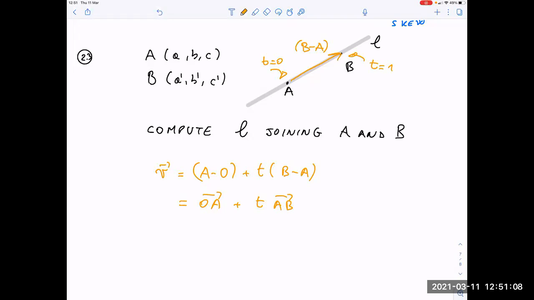So this is one way of writing this down, which in vector notation comes to be something like this: (a, b, c) plus t times (a prime minus a, b prime minus b, c prime minus c).